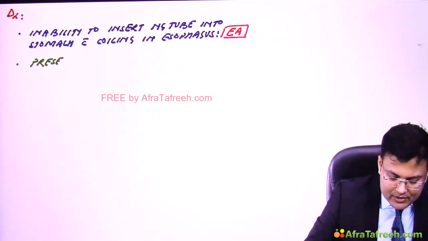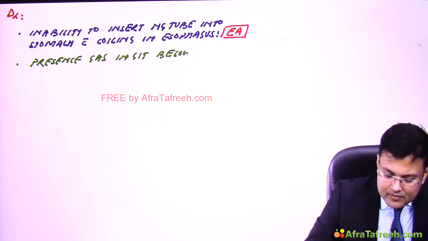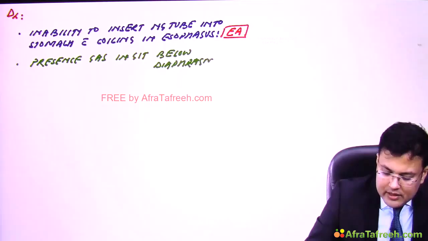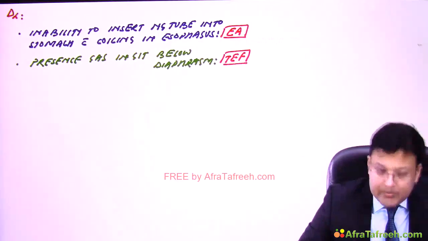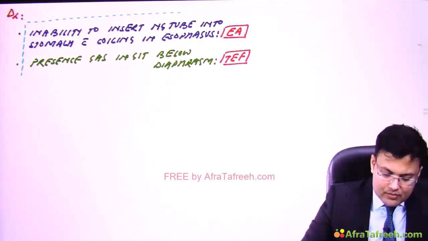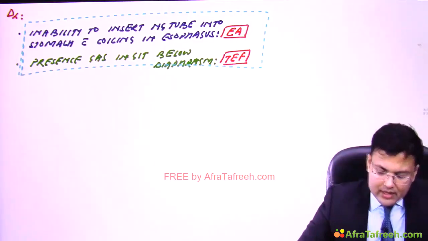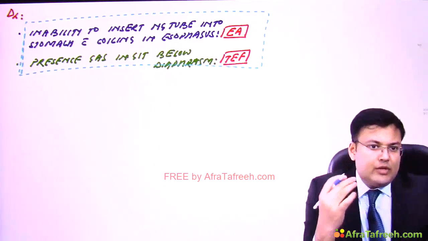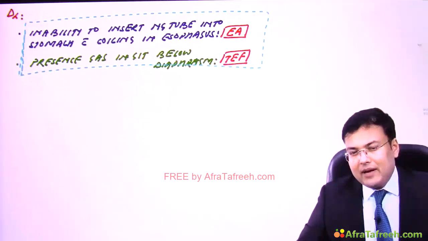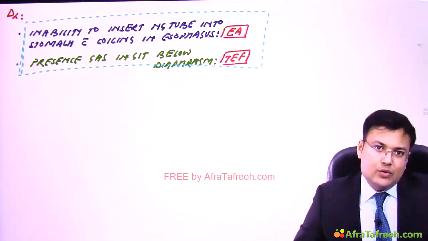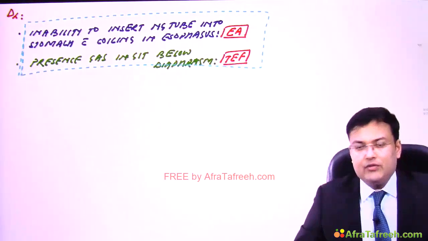So if there is presence of gas in GIT below diaphragm, clear? So this is suggestive of what? Tracheoesophageal fistula. Simple. And now just combine these two. Inability to insert nasogastric tube into stomach with absence of gas in GIT below diaphragm, it means this patient is having esophageal atresia without tracheoesophageal fistula.